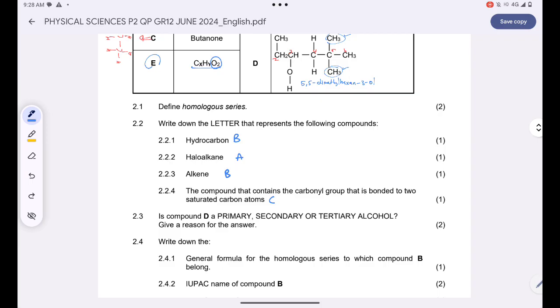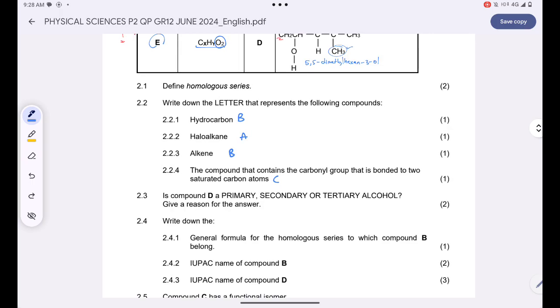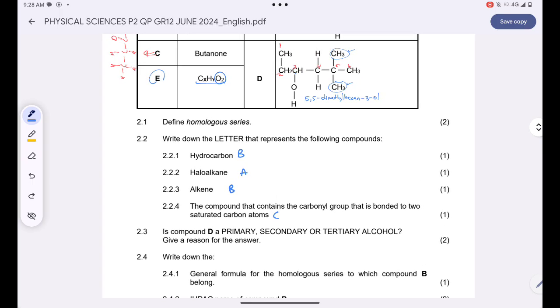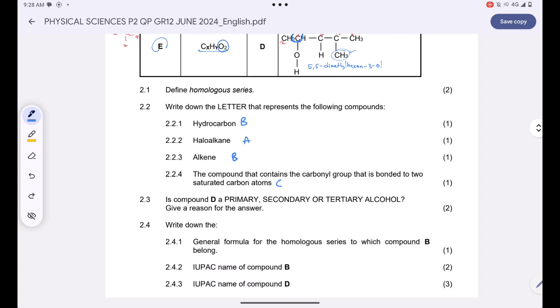But if it was a tertiary alcohol, the functional group would be bonded to a carbon which is also bonded to 3 other carbons. So over here we simply have a secondary alcohol because our carbon number 3 is only bonded to 2 carbons.